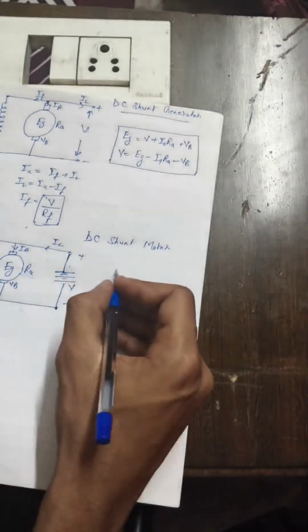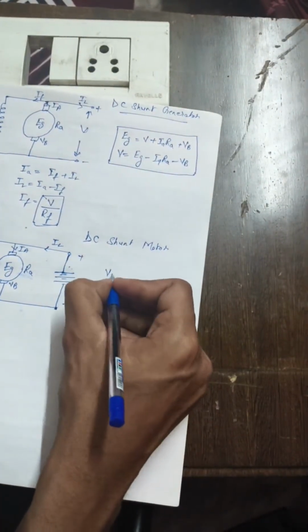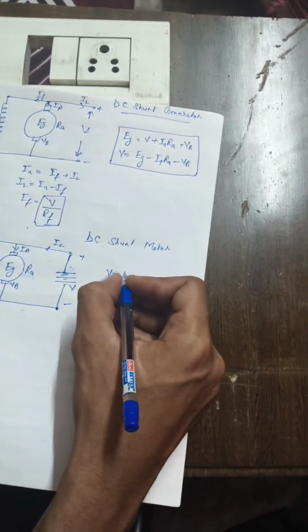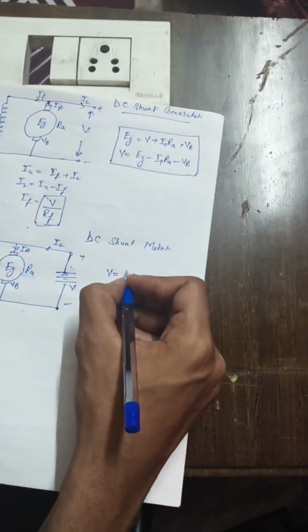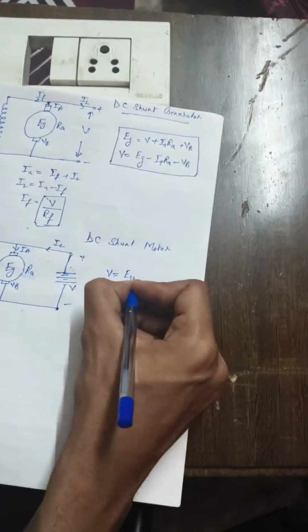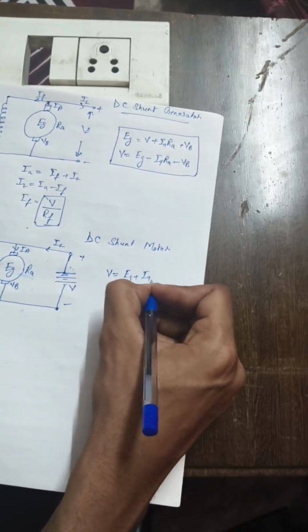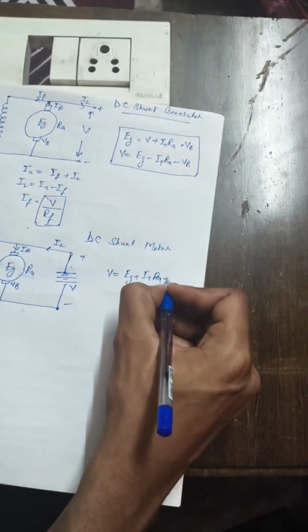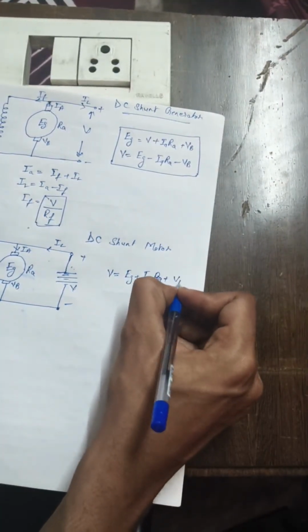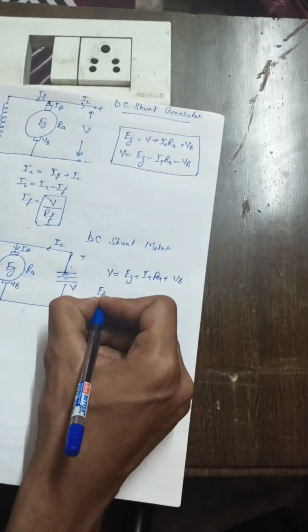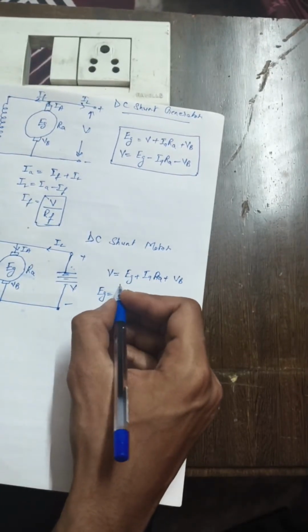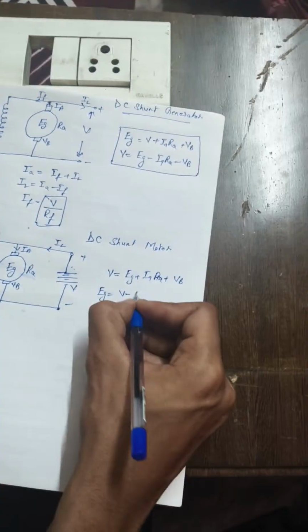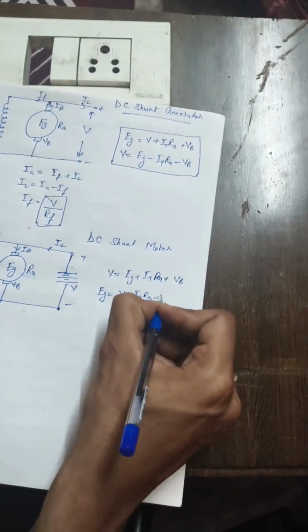So from this diagram we can define the terminal voltage is equal to Eg plus IaRa, that is the losses, plus VB. So Eg, or back EMF, can be defined as terminal voltage minus losses.